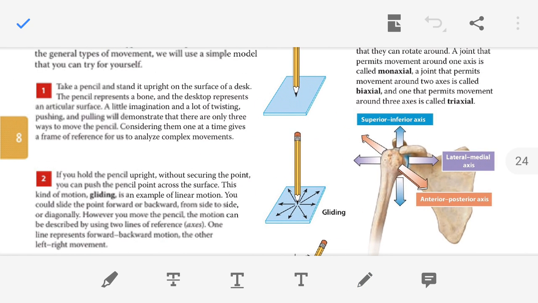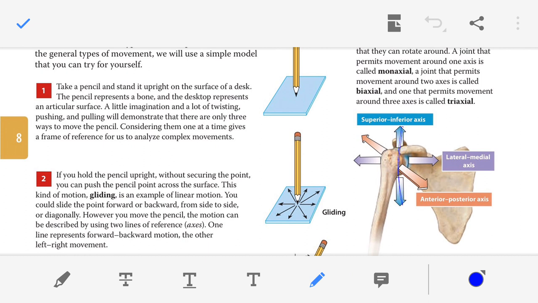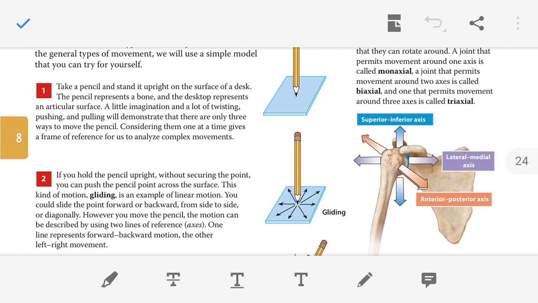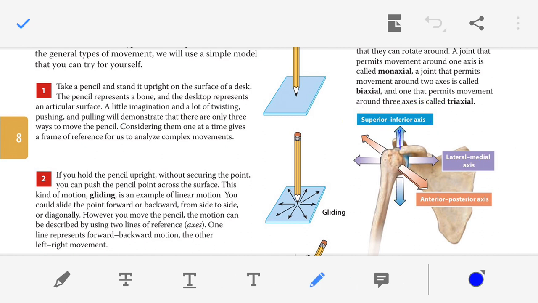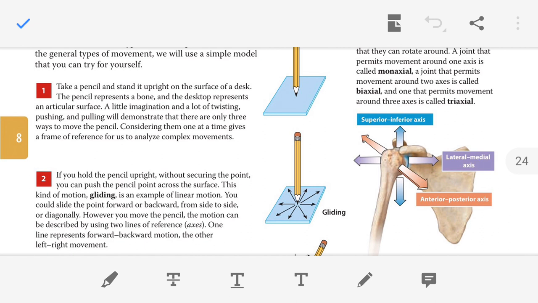Now the reason is, see, this blue color arrow is shown. This is one axis, the superior inferior axis. In that arrow direction we can move our arm.